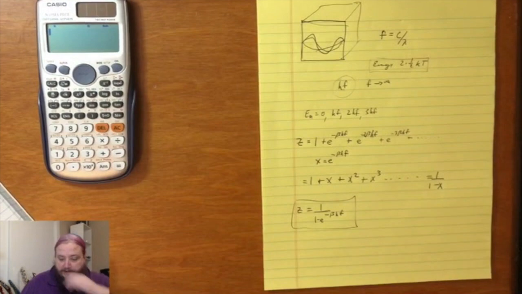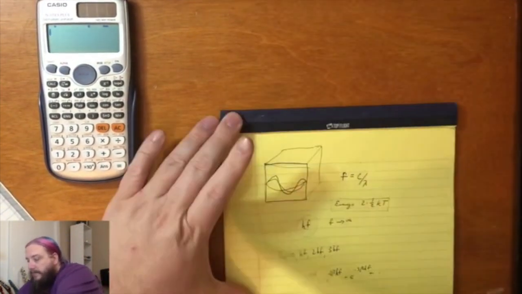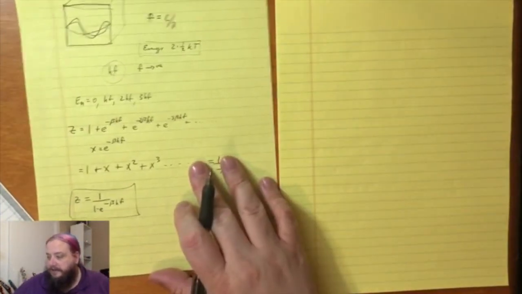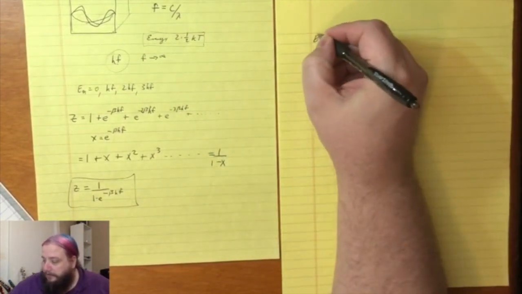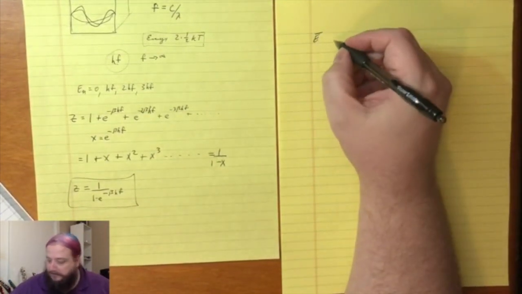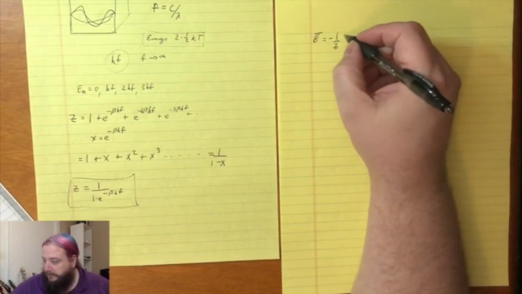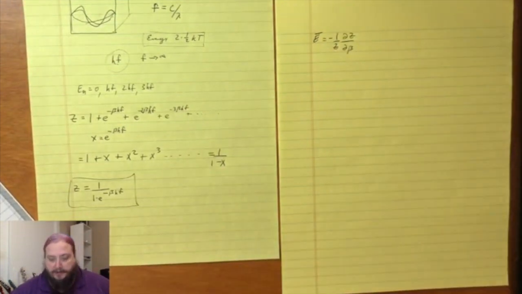Once we have our partition function, we can calculate the average energy in our system. Our average energy then is just minus 1 over the partition function times the derivative of the partition function with respect to beta.